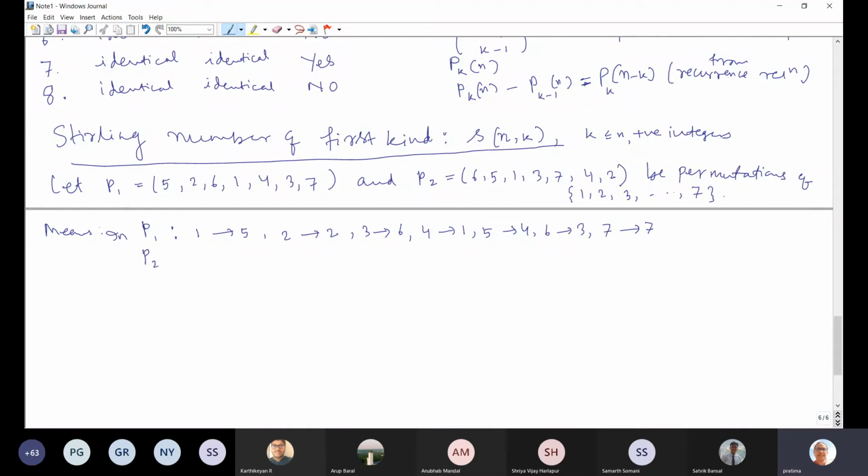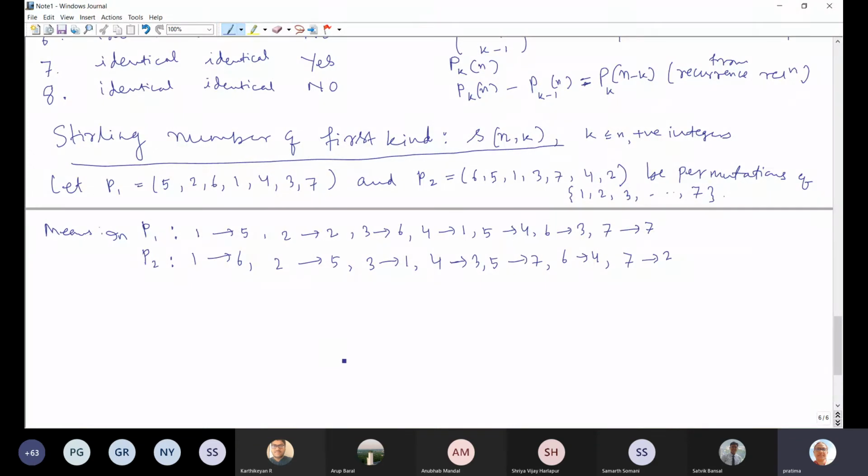And P2 maps 1 to 6, image of 2 is 5, image of 3 is 1, image of 4 is 3, image of 5 is 7, image of 6 is 4, and image of 7 is 2.